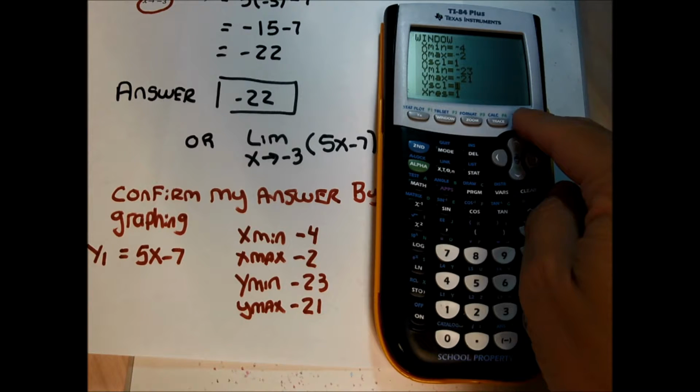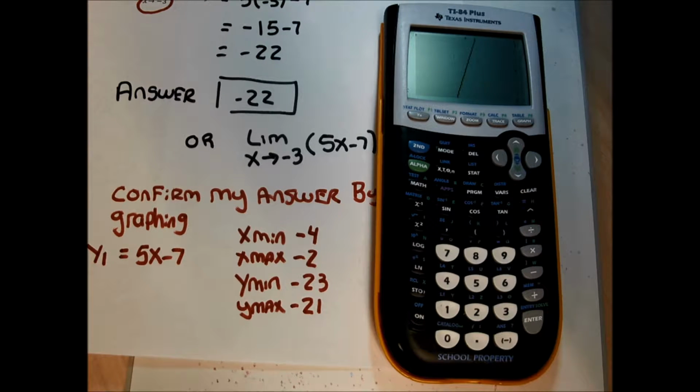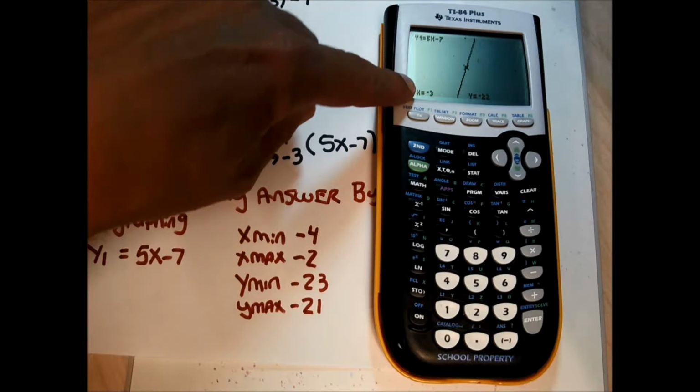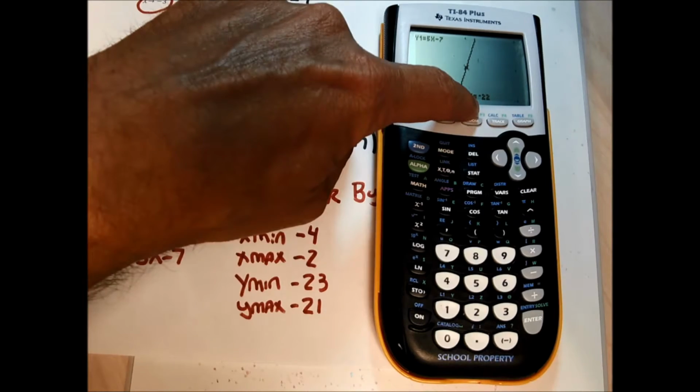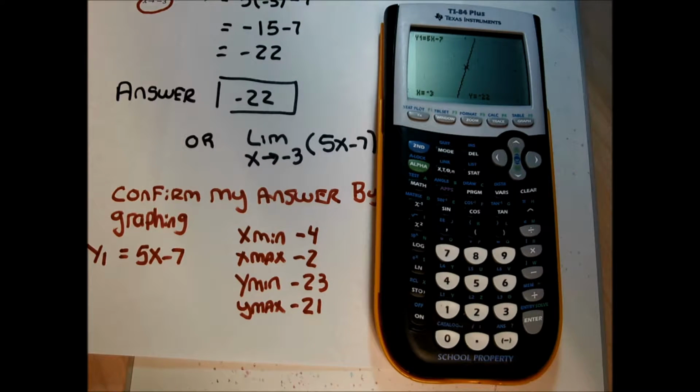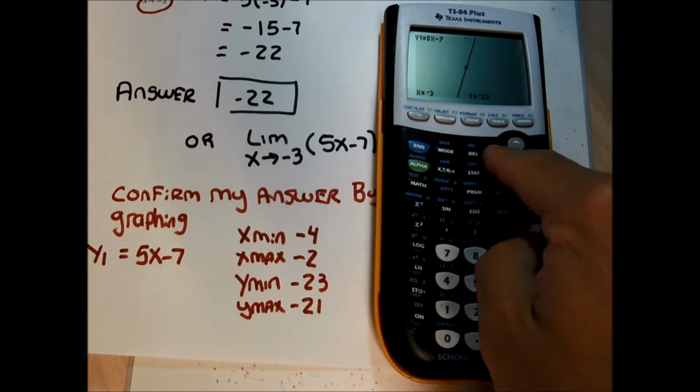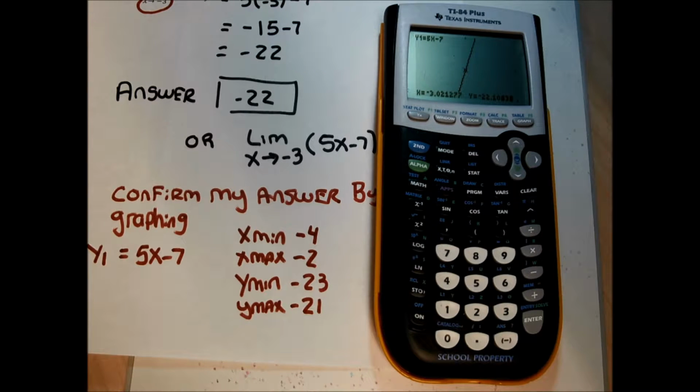So now I'm going to hit the graph button with this window, and it's just going to show me a little segment of the line. To find the limits with your calculator, you need to trace, and if you can trace and get your calculator to show the x value that you're trying to find the limit at, then the corresponding y value will be the limit. So when limits exist and you set your windows properly, you can see what the limit is by just tracing to the x value.